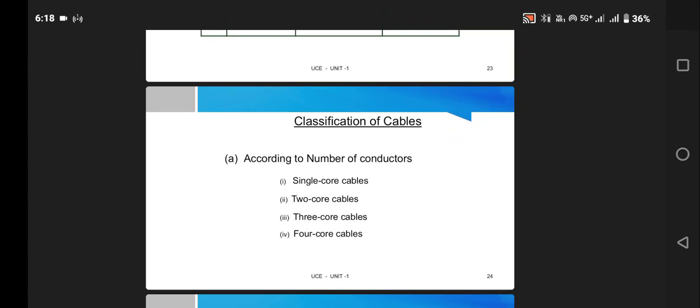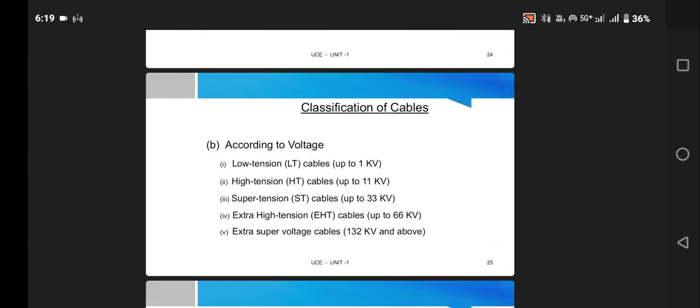Classification of cables. We can classify cables based on various parameters. The first is according to the number of conductors used: single core, two core, three core, and four core cables. The second is according to the voltage: low tension, high tension, super tension, extra high tension, and extra super voltage cables.